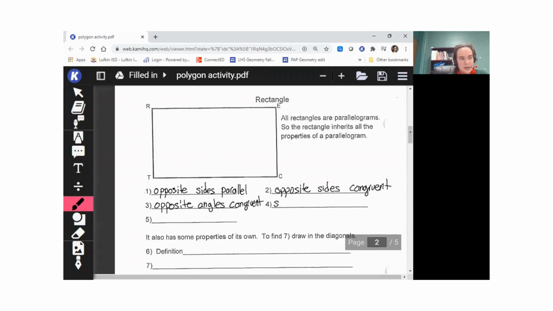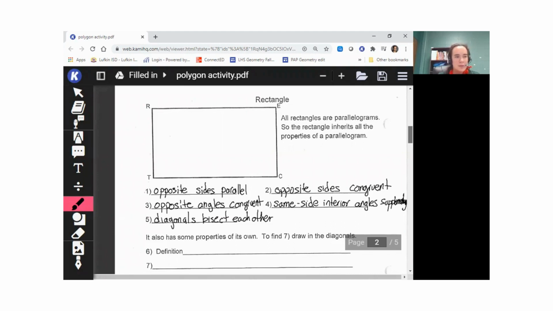Next one, same side interior angles are supplementary. And last up, diagonals bisect each other. So we still have those same 5 properties because rectangles are parallelograms.